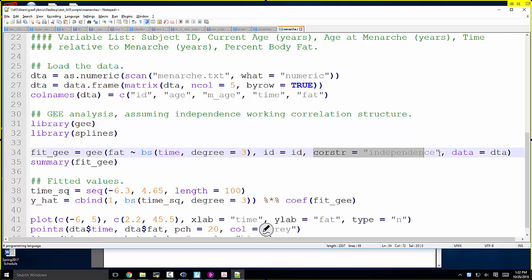And remember, the other thing we have to do with GEE is specify a correlation structure to use at least to begin with. In the lecture videos, I've said that one of the nice features of GEE is, just like GLS, you can specify a structure, compound symmetric or unstructured, that type of thing.